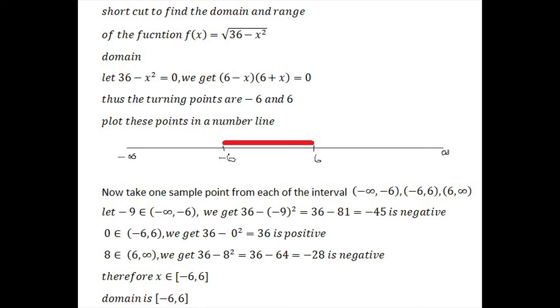If you take sample points in between, like between minus infinity and minus 6, I suppose minus 9 is one of the numbers there, and if we substitute it in 36 minus x square, we get negative. And between minus 6 and 6, one sample point I took is 0, 36 minus 0 square is positive. From 6 to infinity, I took 8. You can take any number, but I took 8. 36 minus 8 square is again negative. So wherever we get positive is nothing but minus 6 comma plus 6 only. Thus the domain is minus 6 comma plus 6.